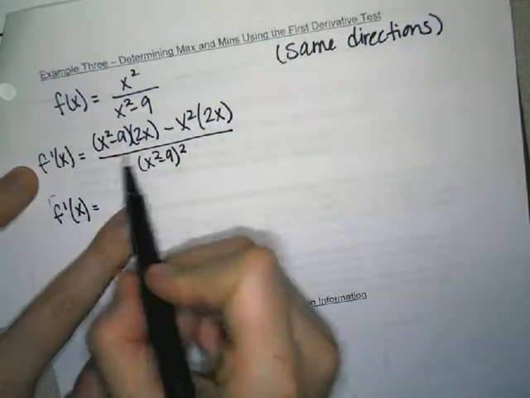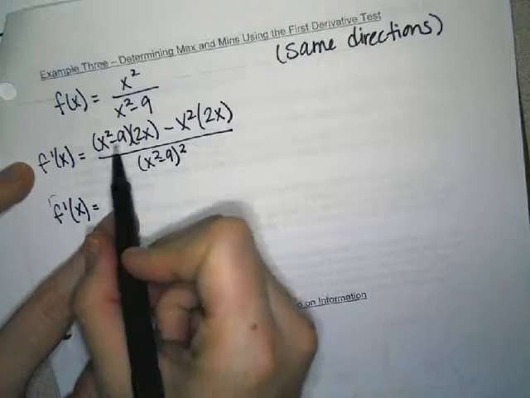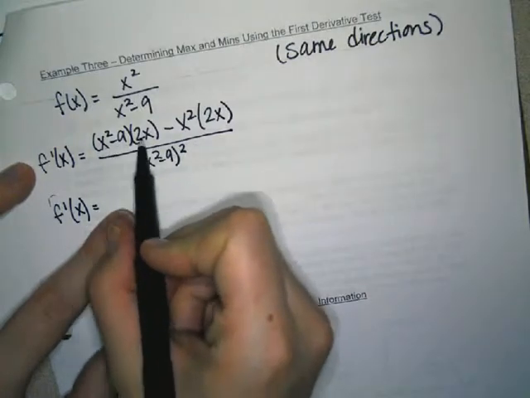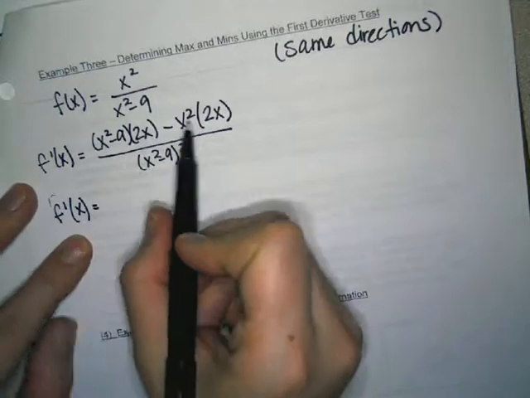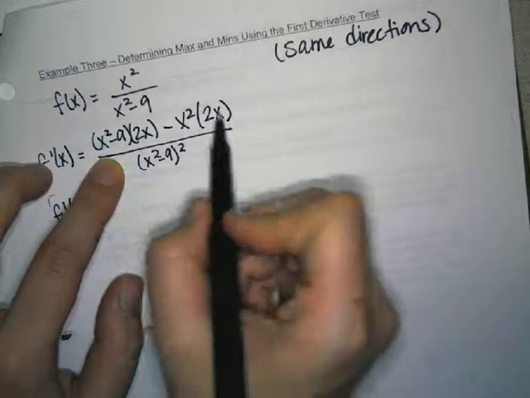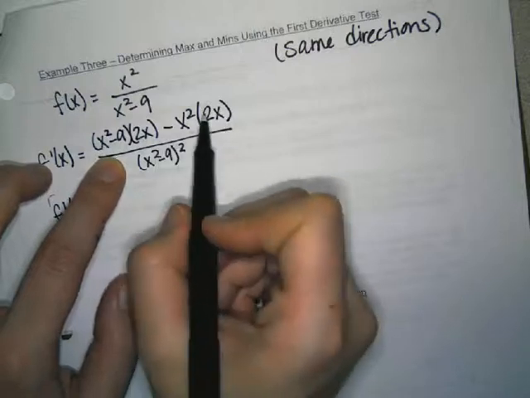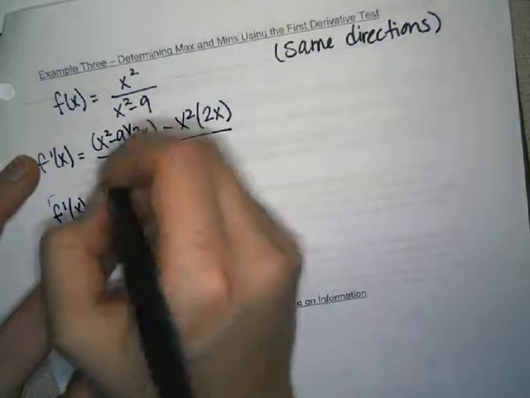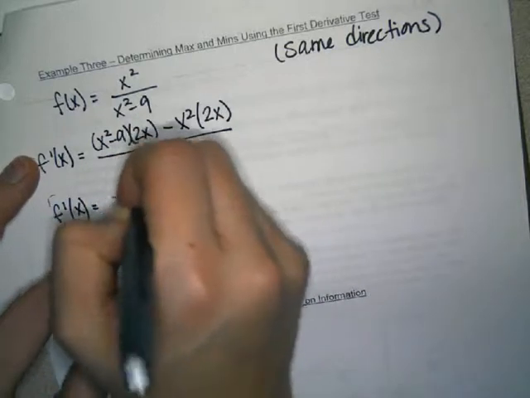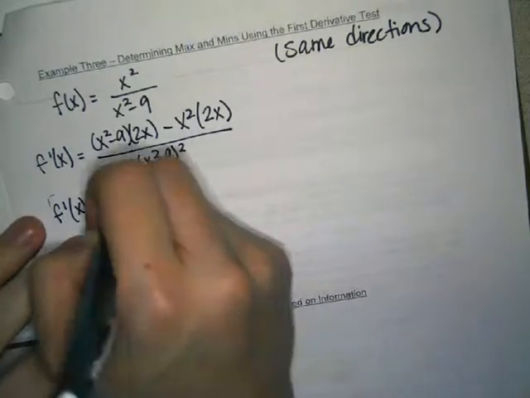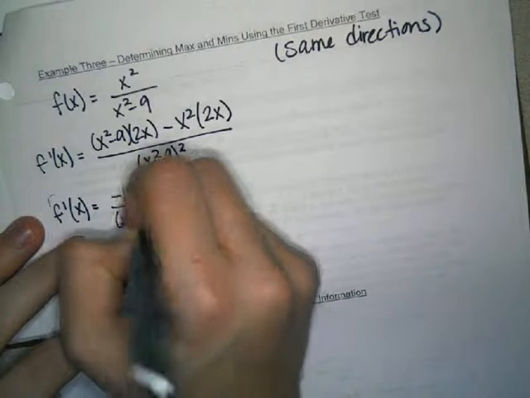So this would be 2x cubed. This would be negative 2x cubed. So those are going to cancel out completely, just giving you negative 18x over x squared minus 9 squared.